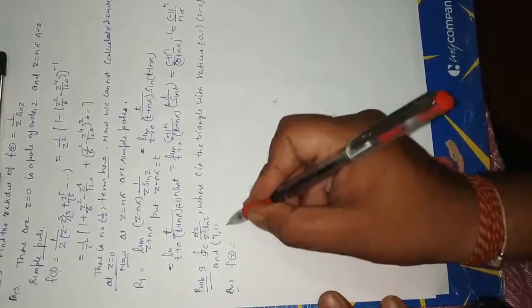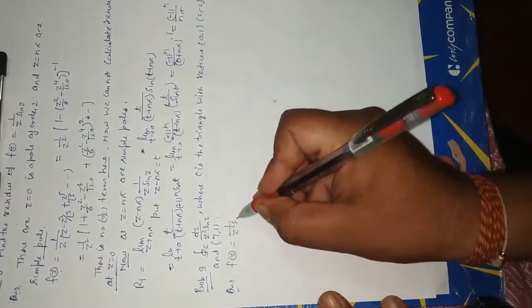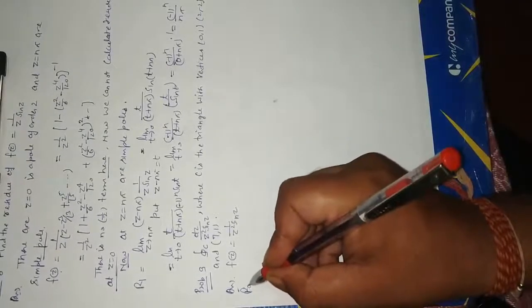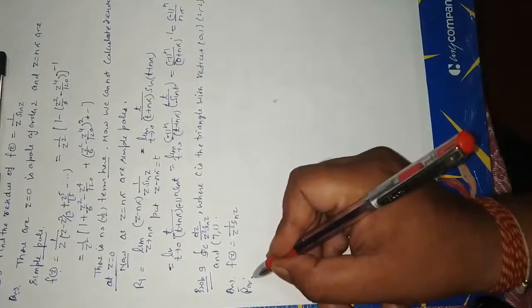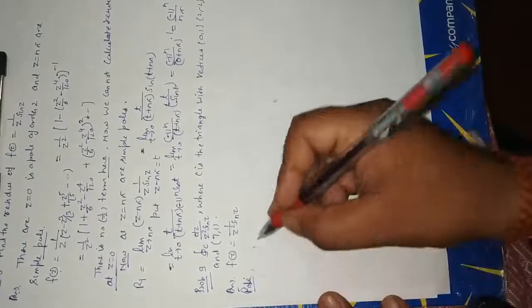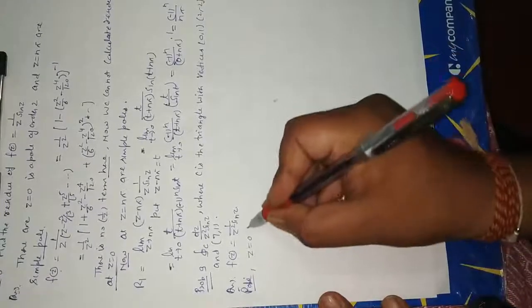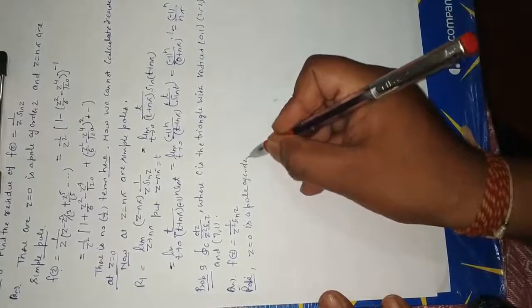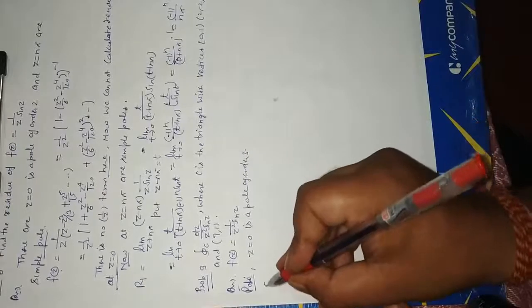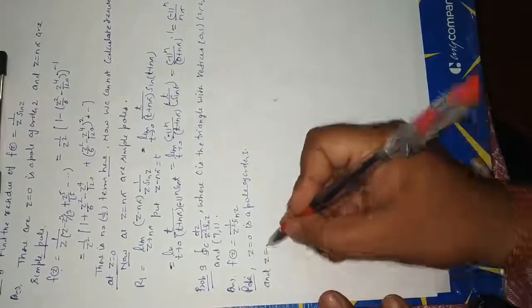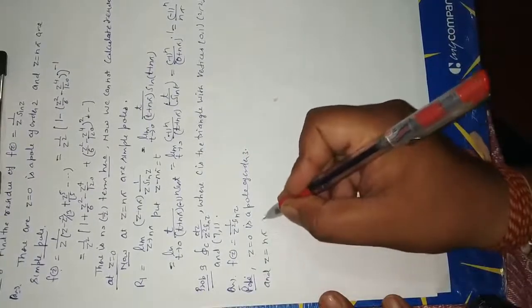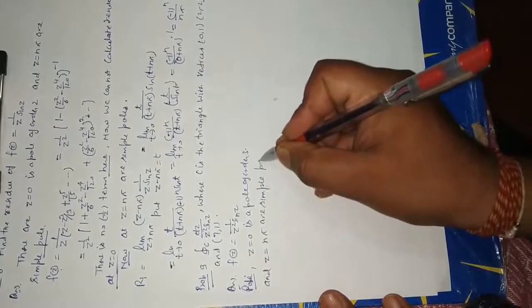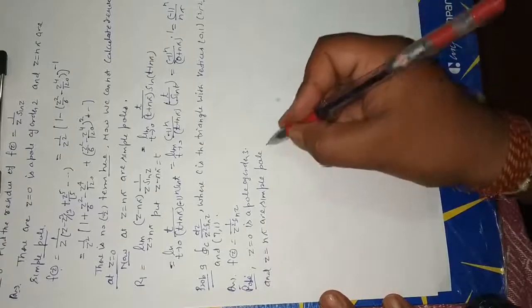Here f(z) is equal to 1 upon z square sin z. For poles, z is equal to 0 is a pole of order 3 and z is equal to n pi are simple poles.